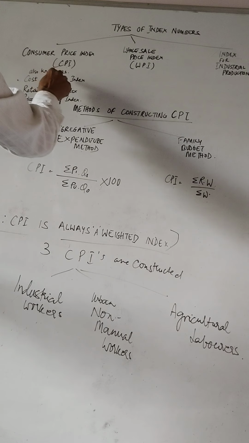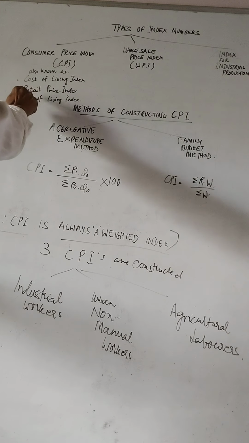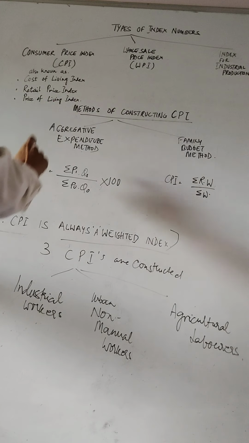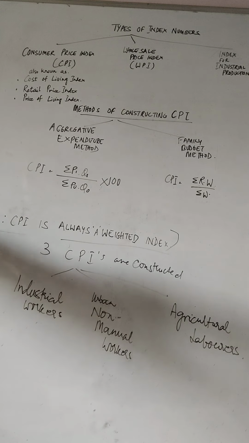The consumer price index is also known as the cost of living index. Second is the retail price index and the price of living index. So if you're asked to define any of these, if they ask what do you mean by retail price index, the definition will be the same.